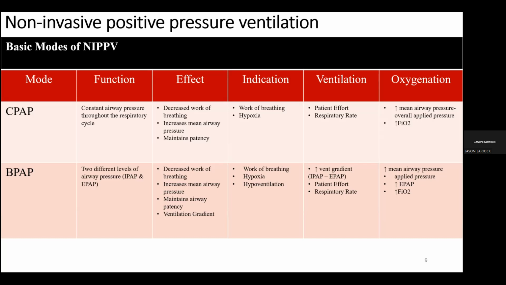Not to confuse anybody right now, but if you're looking to clear carbon dioxide, you want to be able to generate a big tidal volume, and you want to have a high CO2 clearance gradient within your physiologic dead space. That's the difference between IPAP and EPAP. So if I'm on 10/5, my gradient is 5, so I'm able to generate a tidal volume and clear at a gradient of 5.